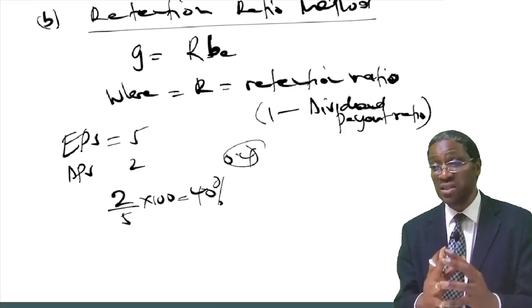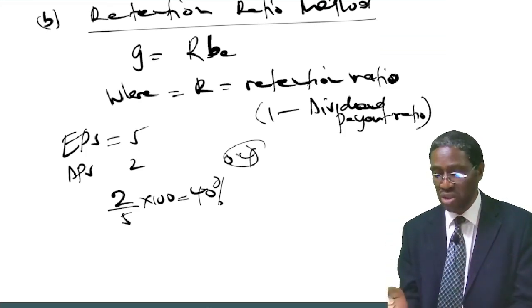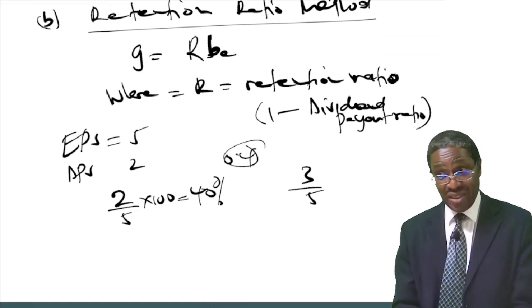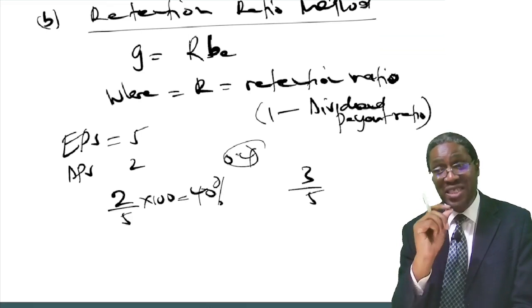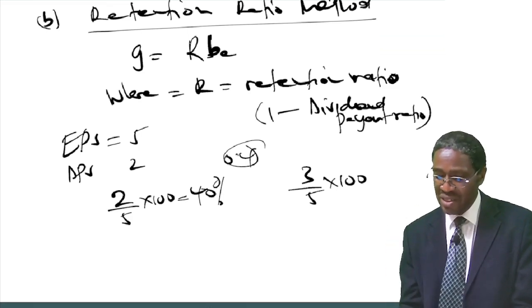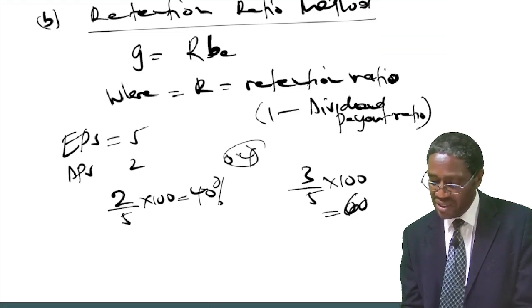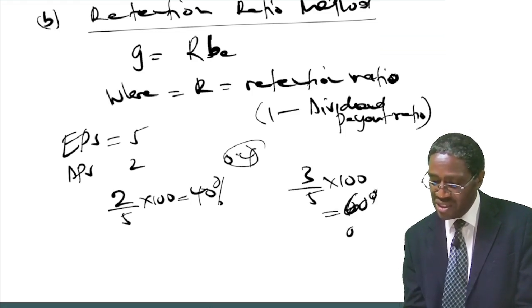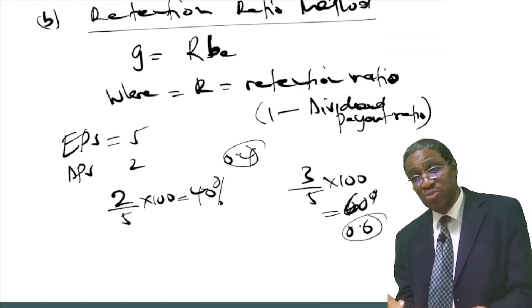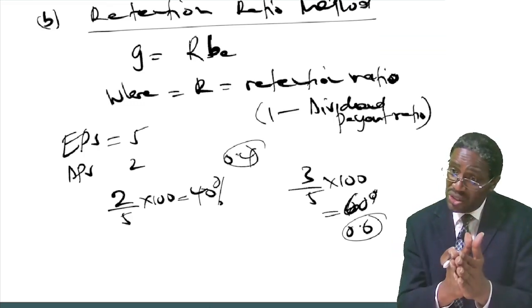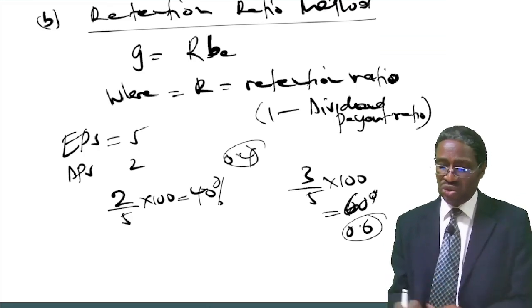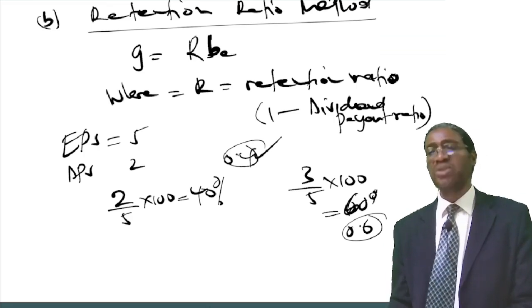They retained 3. What is the retention ratio? It is 3 divided by 5 times 100, the amount they retained in the company as retained earnings, which is 60%, or 0.6. Otherwise, you can get the 0.6 by taking 1 minus the dividend payout ratio. Our dividend payout ratio was 0.4.